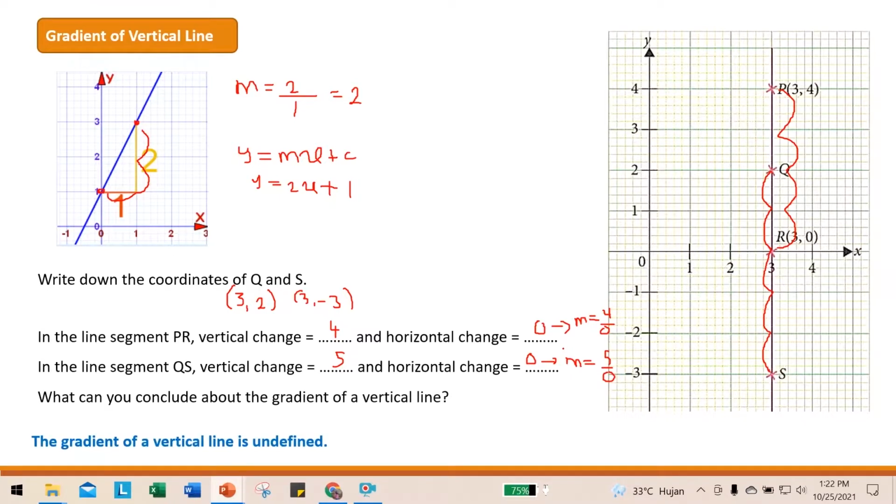The gradient of a vertical line is undefined. Why? Because the horizontal change is always 0. In other words, a vertical line is so steep that we cannot specify a value for its gradient.